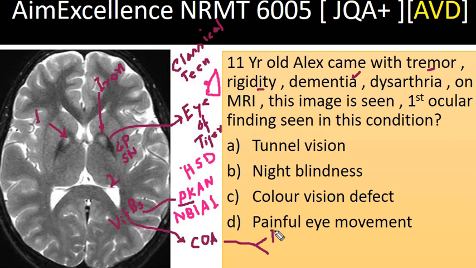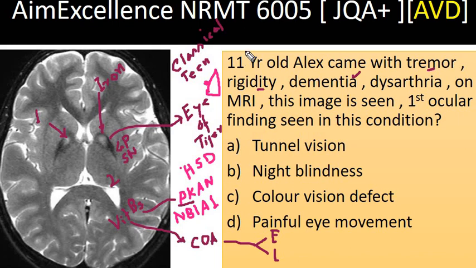So these are the areas which are going to be defective, and that is leading to this iron accumulation.